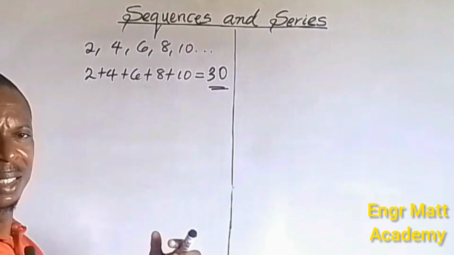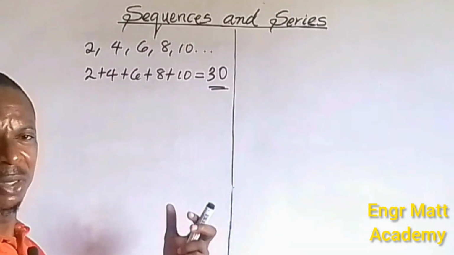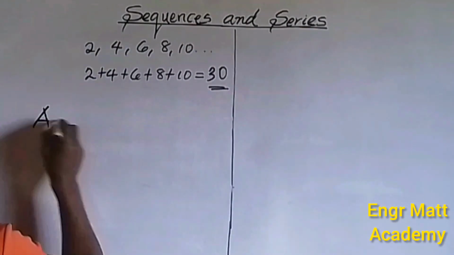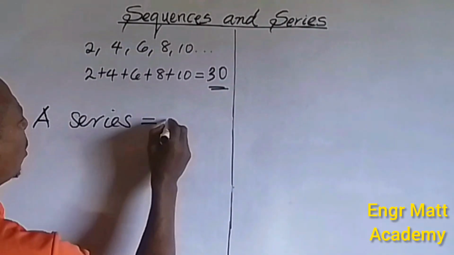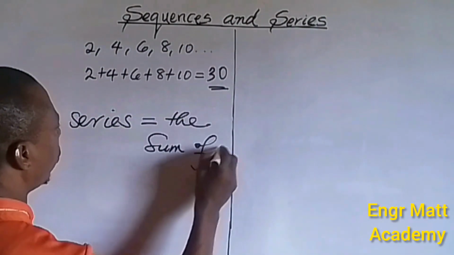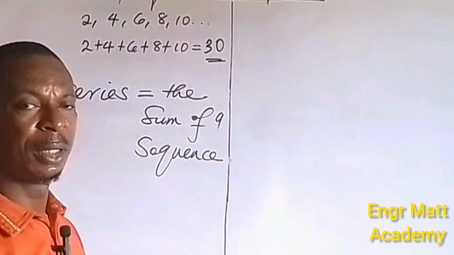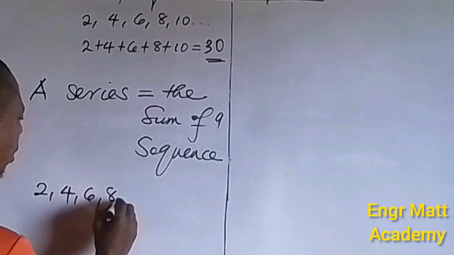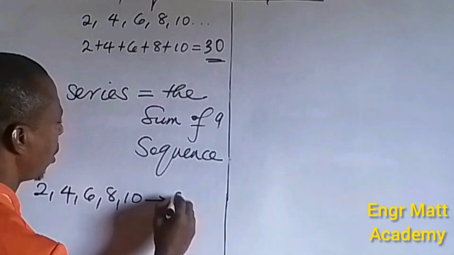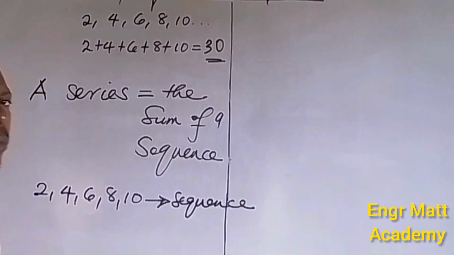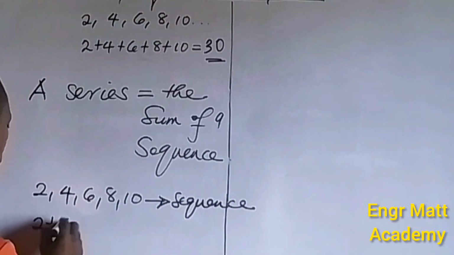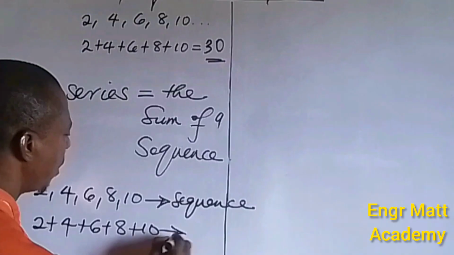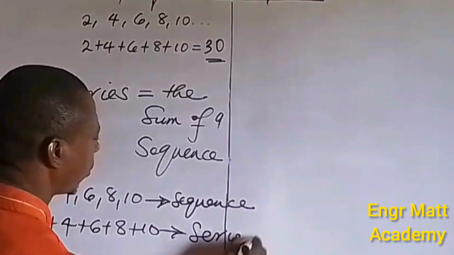So what we get when we add the terms of a sequence is a series, meaning that a series is the sum of a sequence. So make this very clear: 2, 4, 6, 8, 10 is a sequence, but 2 plus 4 plus 6 plus 8 plus 10 is a series.